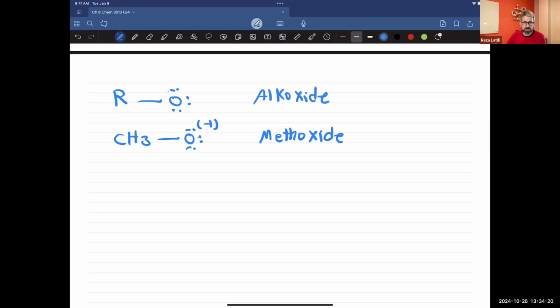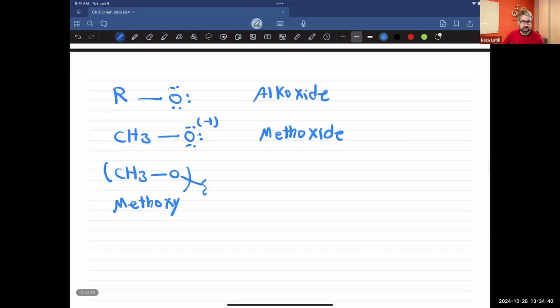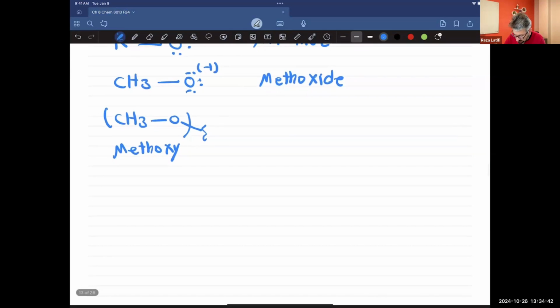If it has a negative charge, you call it methoxide. But the group by itself, if this one is attached to something else, we call it methoxy. So methoxy when it's a substituent, methoxide when it has a negative charge by itself. Technically you can call this one alkoxy. Alkoxy groups behave as a substituent.